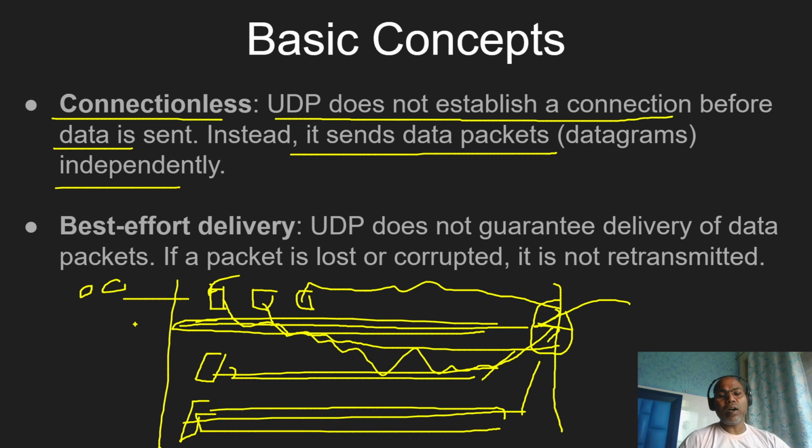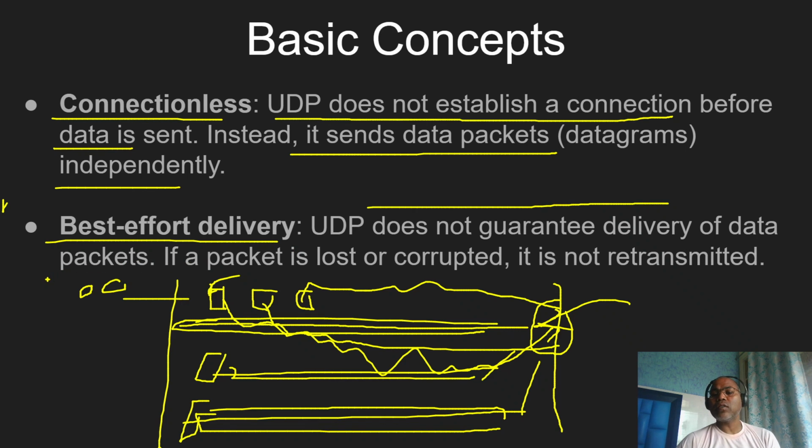But in this way, the sender sends data continuously, so it is very fast and very effective. This is called best effort delivery, meaning UDP does not guarantee delivery of data packets.